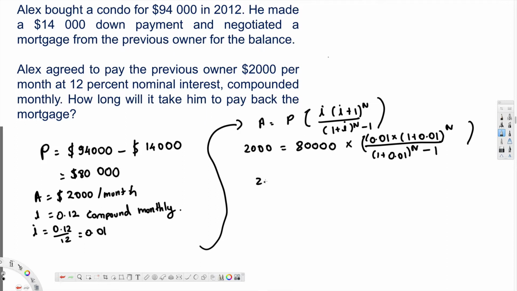And this is 2.5, that's equal to 1.01 power n divided by 1.01 power n minus 1. And that's equal to 1 over 2.5.